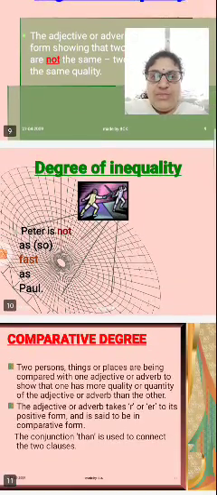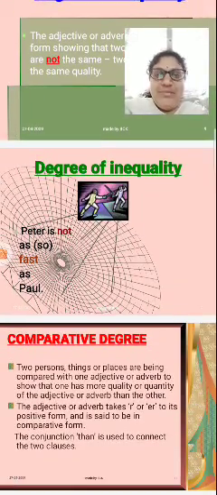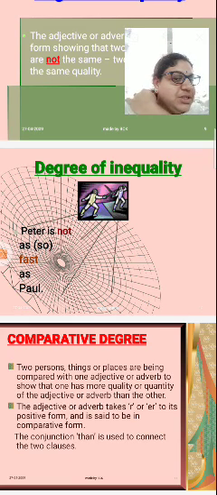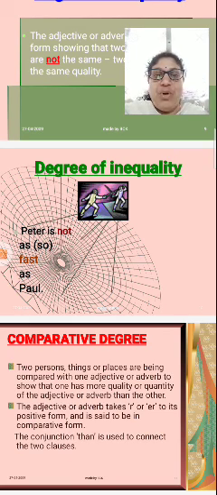We are going to see here. I have written the example. Degree of inequality: Peter is not as fast as Paul.